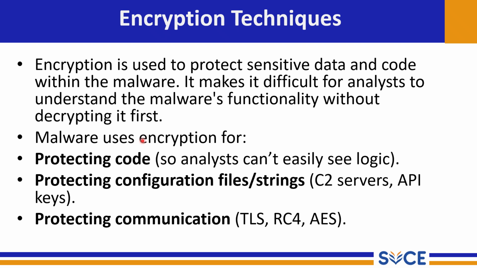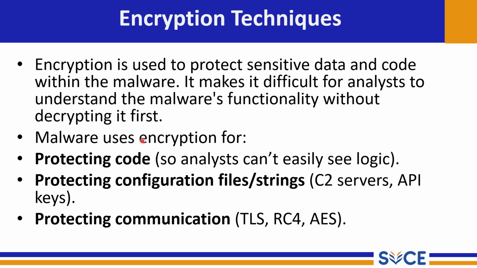This new memory region is where the compressed and encrypted payload is unpacked. Next, WriteProcessMemory. Once the new memory is allocated, this API is used to write the original malicious code into it. This is a common step in memory injection and process injection techniques.